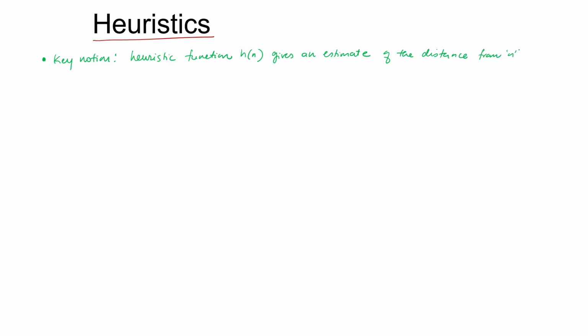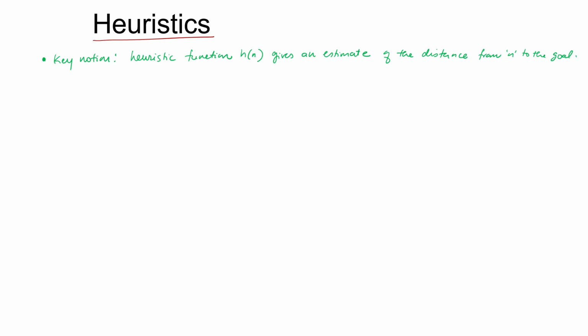All right. So, now let us talk about something called heuristics to begin with. The key notion here: the heuristic function h of n gives an estimate of the distance from n to the goal.